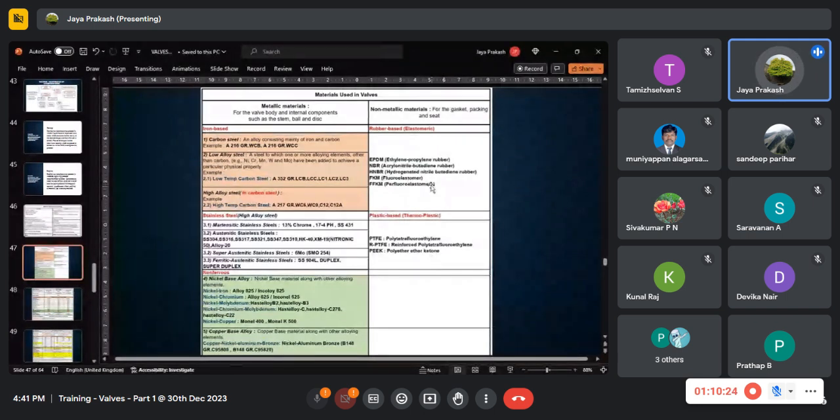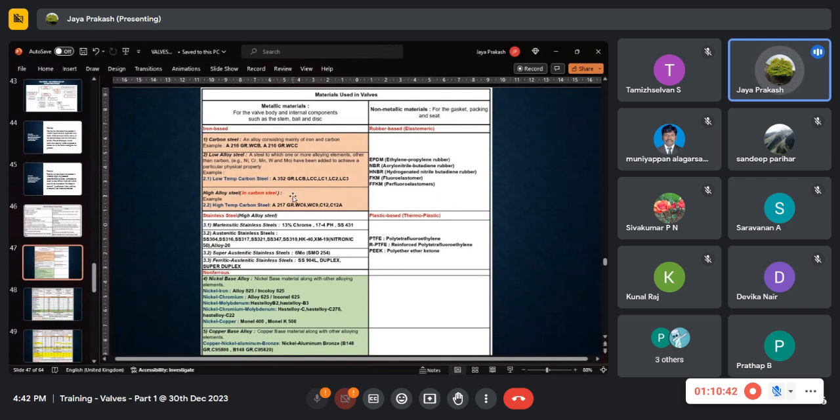For metallic materials, we have carbon steel, low alloy steel, and high alloy steel, and the grades are also given for carbon steel material, for example A216 WCB, and low carbon steel material.